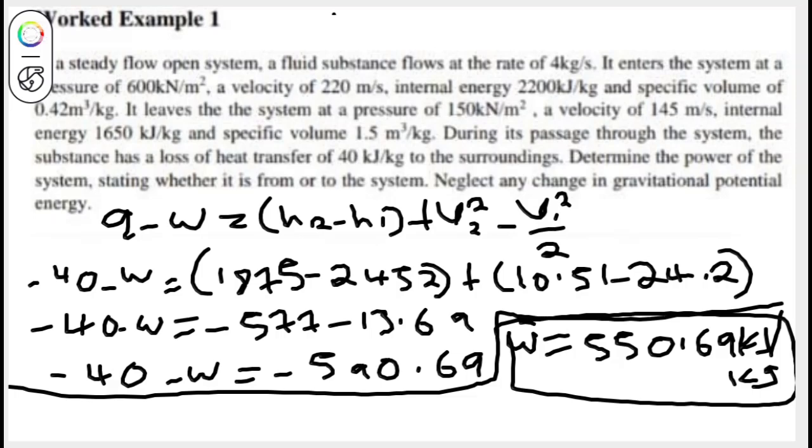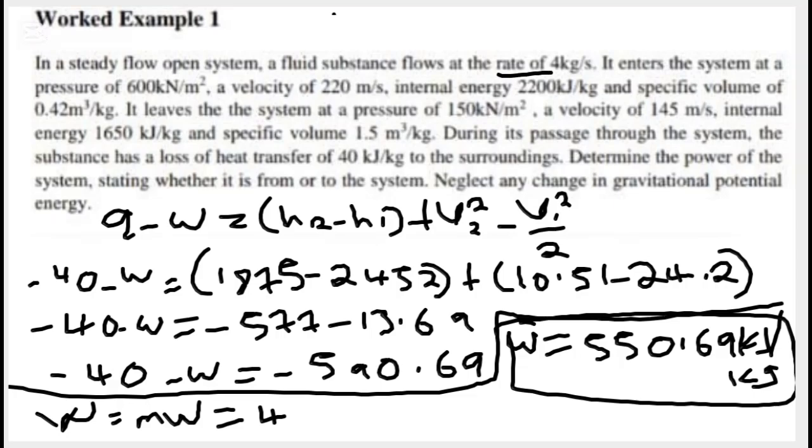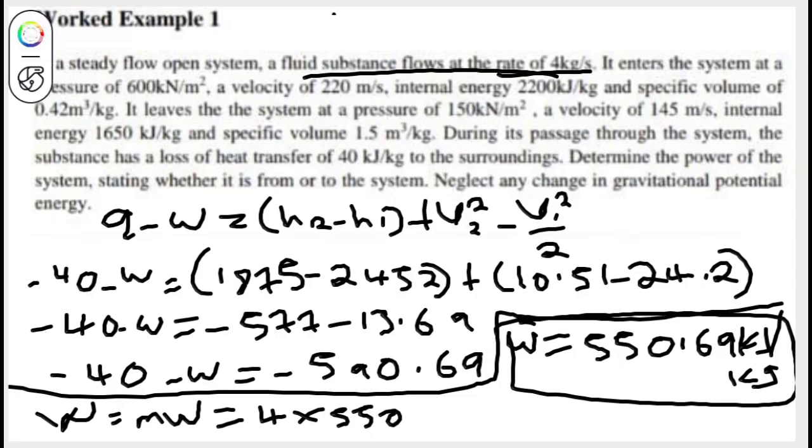And for the power of the system, I have to say the power of the system is the same thing as m multiplied by W, and m is this 4, which is the fluid flow rate. So I have to say multiplied by this 550.69.